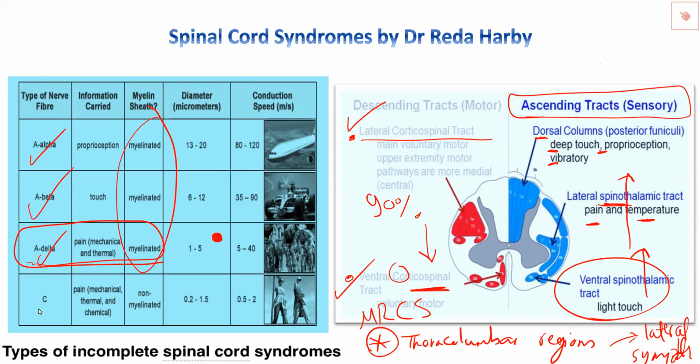C fibers are unmyelinated fibers for transmission of dull aching, burning, diffuse pain, which is slow because they are unmyelinated. So don't forget, A delta and C fibers are nociceptors, transmitting pain.